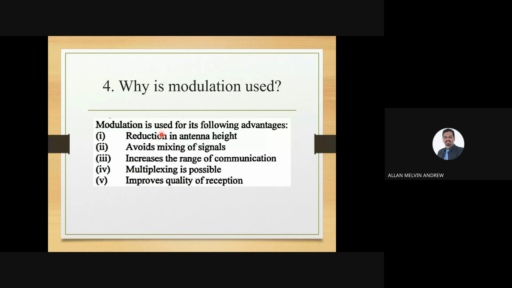So the physical antenna: normally the antenna will be of a certain height. If modulation is not happening, you need to have a very high antenna construction. When the antenna is very high, automatically the cost will be higher, and the structure must be really stable.